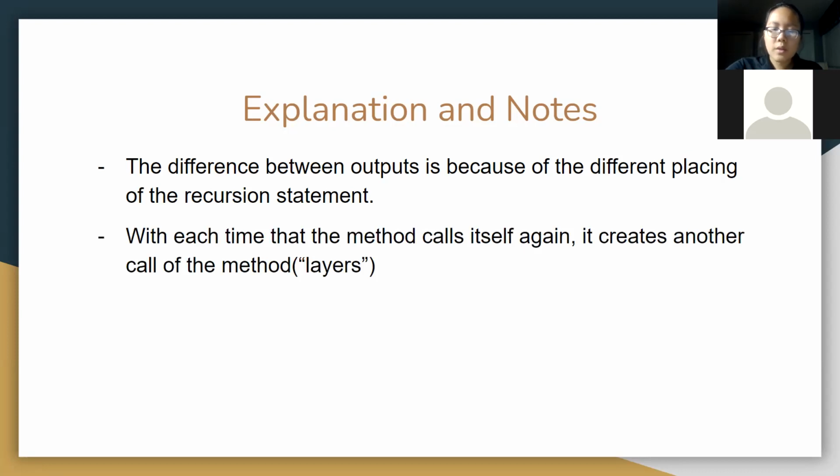A good way to think of it is that each time the method calls itself again, it creates another call of the method. If you want to think of layers stacked on top of each other, that's essentially a good way to think of it. We begin with the bottom layer, and then when it calls itself, it stacks another, the same exact method, on top of the original one.